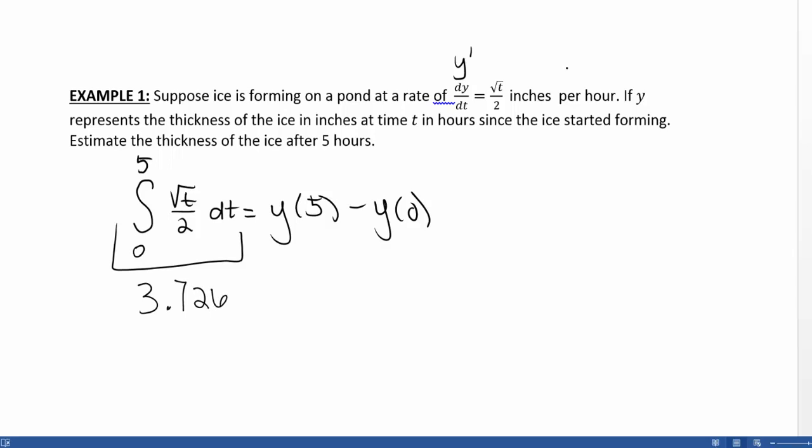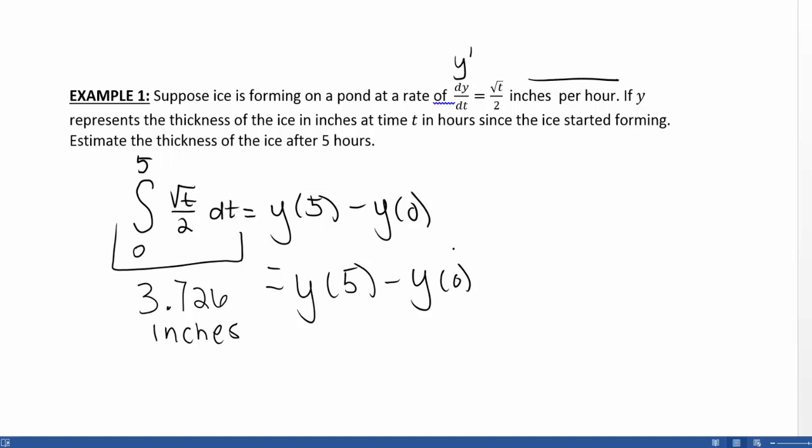So the rate was in inches per hour, and then time, which we have on the bounds, was in hours. So inches per hour times hours, the hours units are going to cancel, and I get 3.726 inches. So that's going to be the thickness at time 5 minus the thickness at time 0.